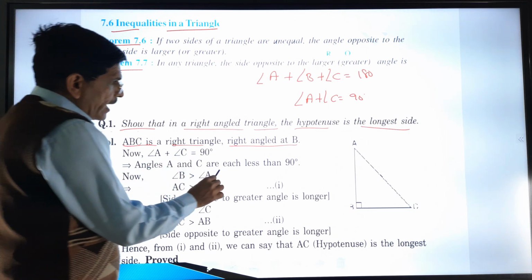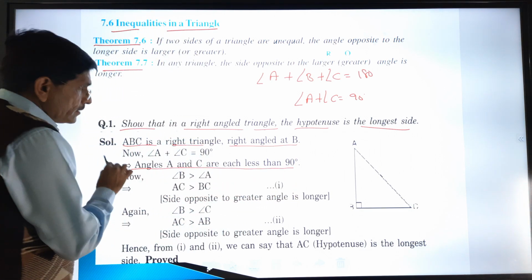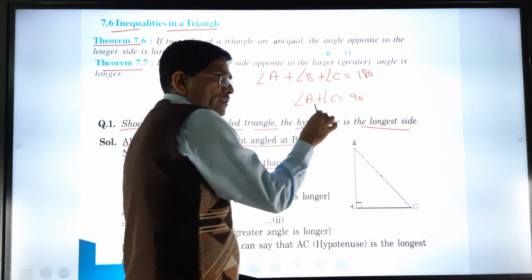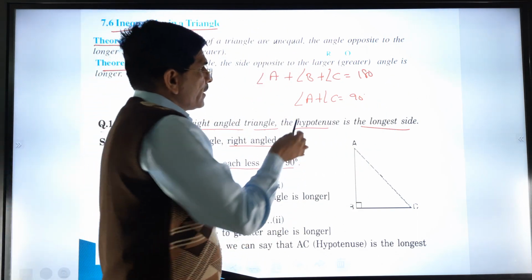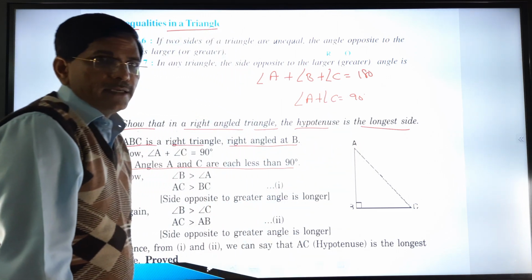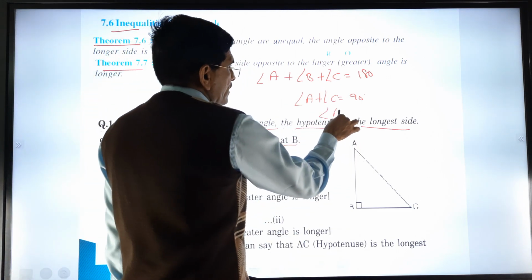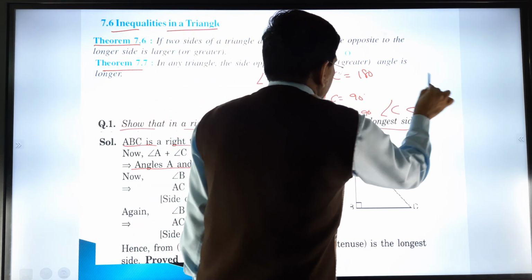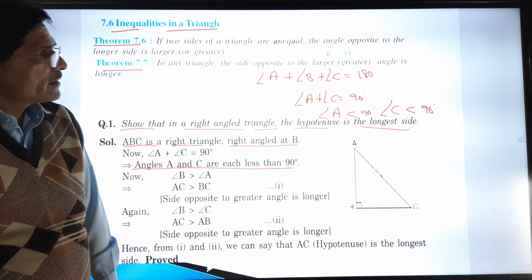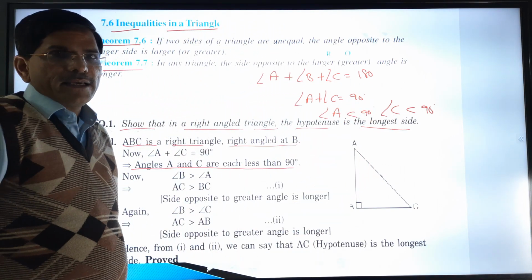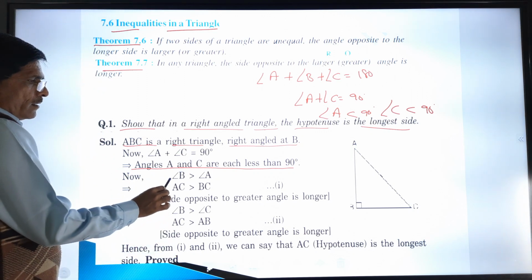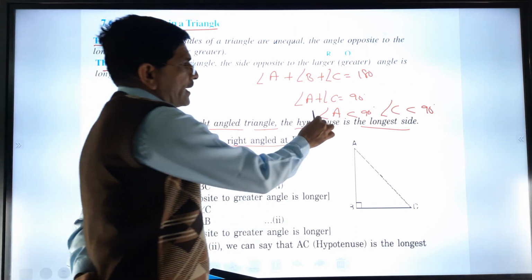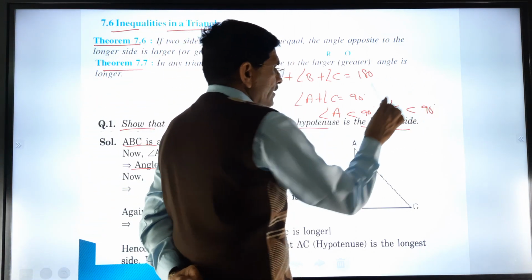Angle A and angle C are each less than 90. It is clear, because we know that the sum of the two angles is 90. It means each angle is less than 90. Angle A is less than 90 degrees and angle C is also less than 90 degrees.